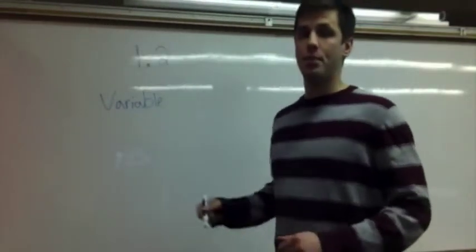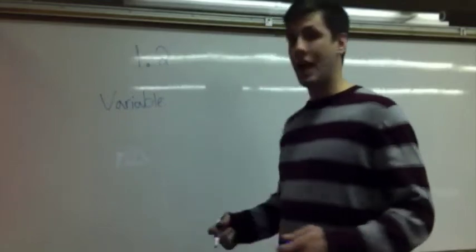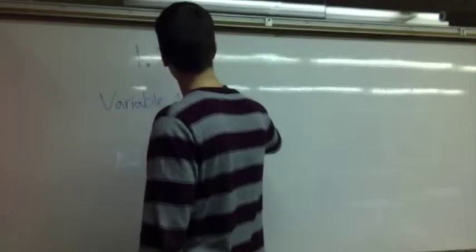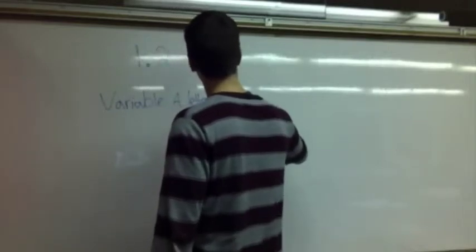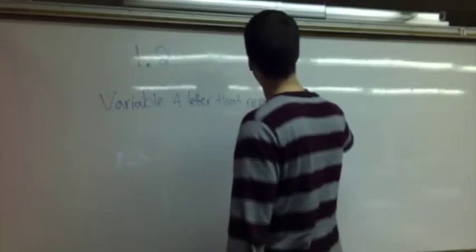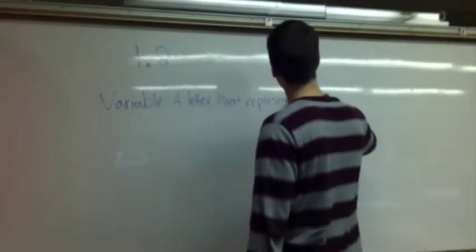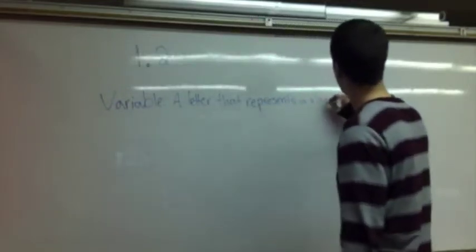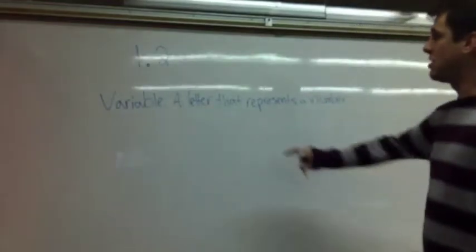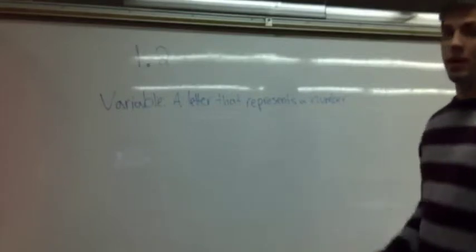A variable, by definition, is a letter that represents a number. So a variable is a letter that represents a number.